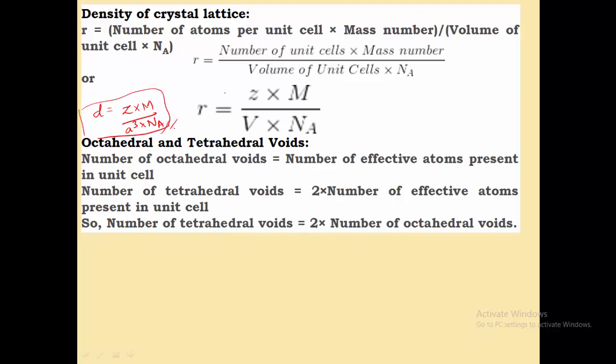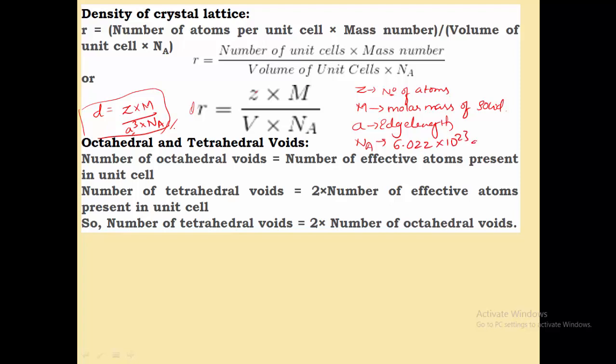So remember this only. Here D represents density, Z is number of atoms, M is molar mass, and volume of unit cell is calculated by A cube, where A is the edge length, and Na is Avogadro's number, that is 6.022 into 10 raised to 23 per mole.